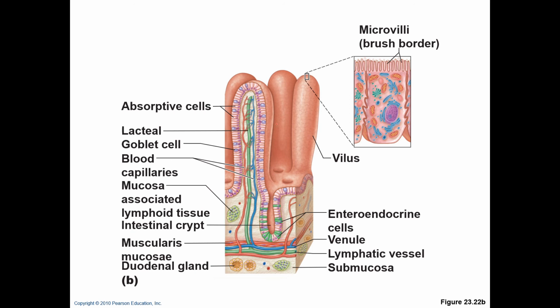Here you can see these are villi, and inside a villus you will see blood vessels as well as a lymphatic vessel. This lymphatic vessel is called a lacteal, which absorbs the fat.